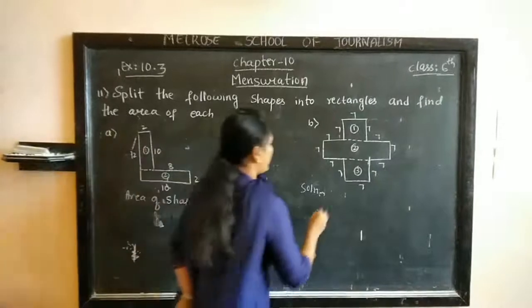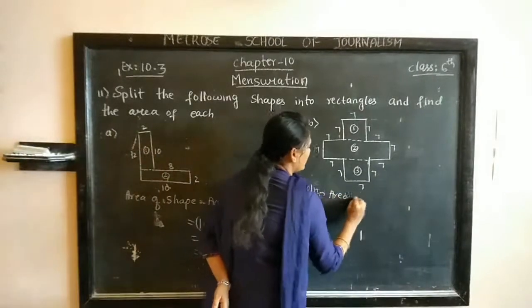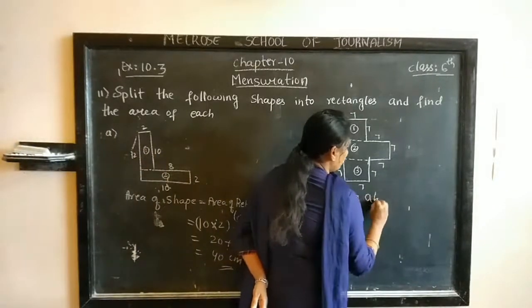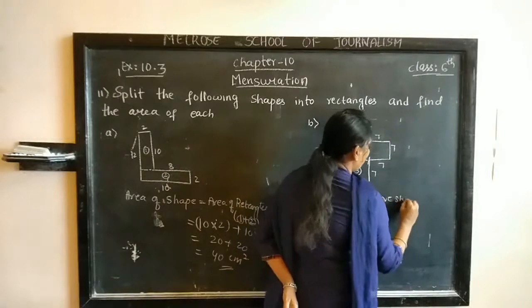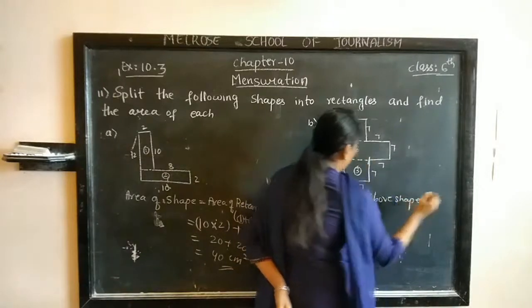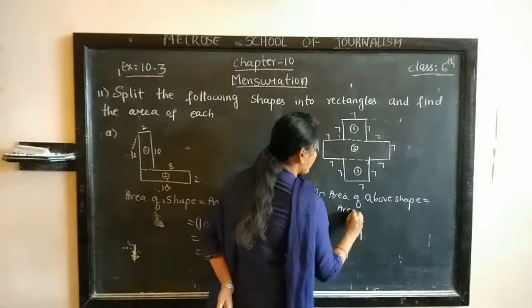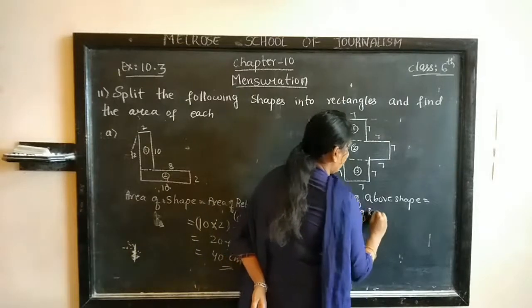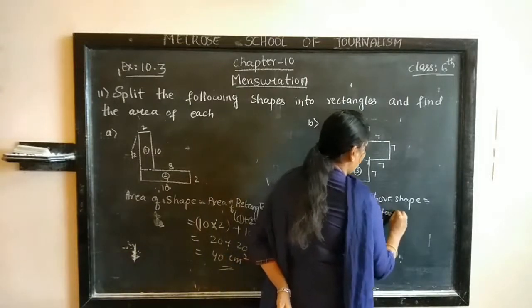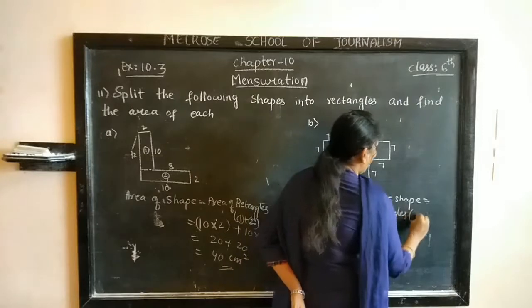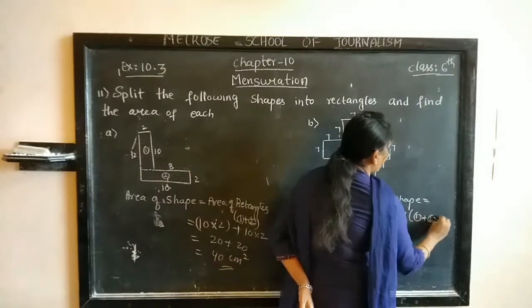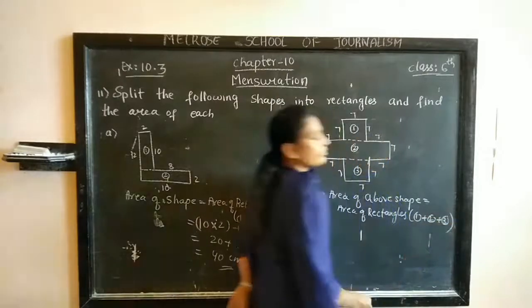Clear? Now area of the above shape is area of rectangles 1 plus 2 plus 3. 3 rectangles are there. Clear?